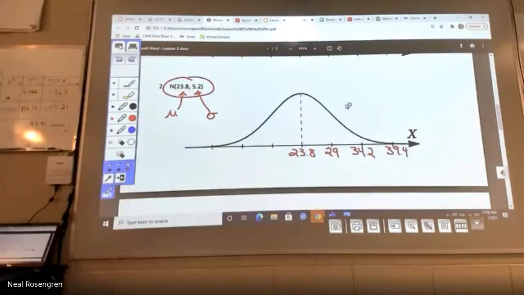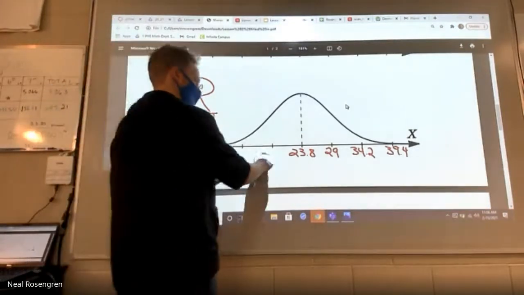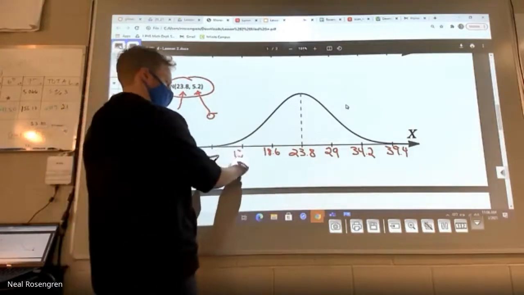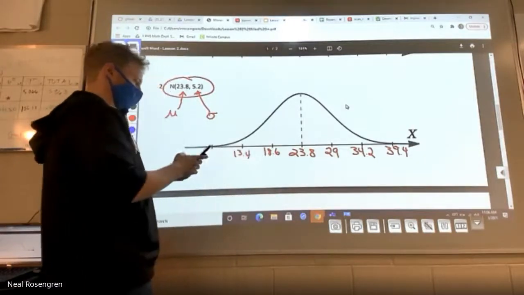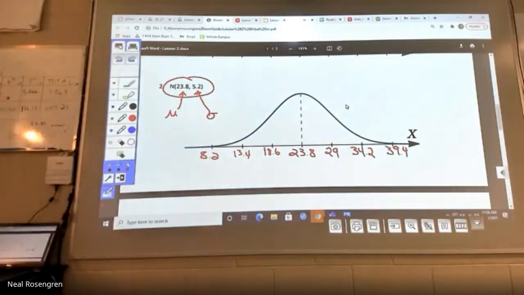And then I back it up and I subtract 5.2. What was it? 23.8 minus 5.2 is 18.6. Minus 5.2, 13.4. Minus 5.2. And you'll see what's going to happen with this bell curve and why all of that is helpful for us to do.